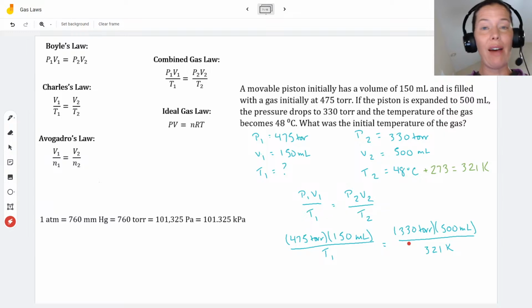Again, you don't have to do that. That is something that I usually use when I'm solving for a variable that happens to be in the denominator.